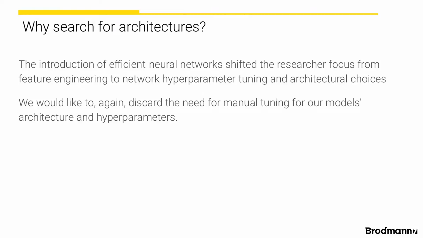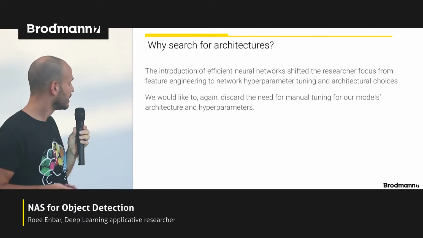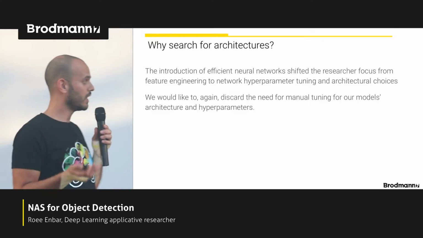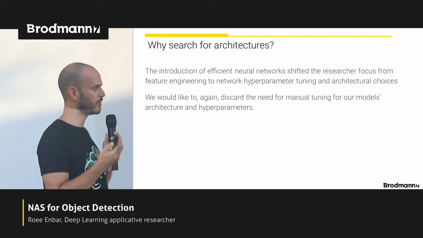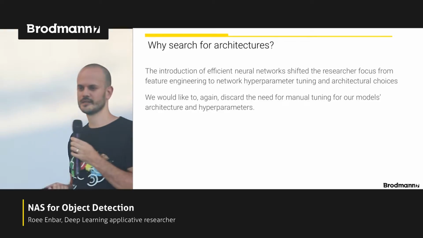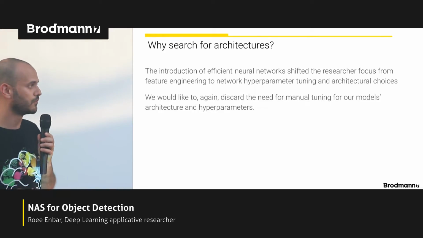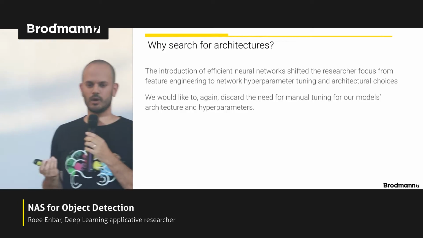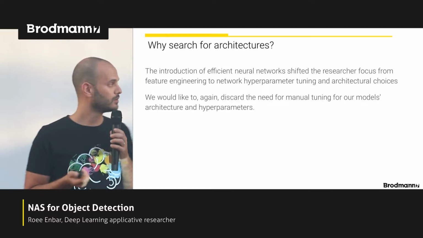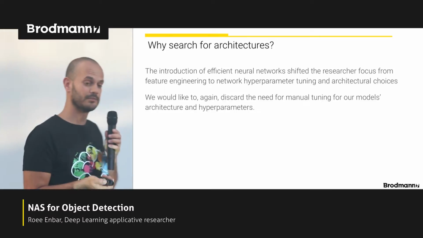Okay, so let's begin. First of all, why search for architectures? As you are well aware, we have gone further than manually designing filters and features for our models. We're finding our features automatically, right?